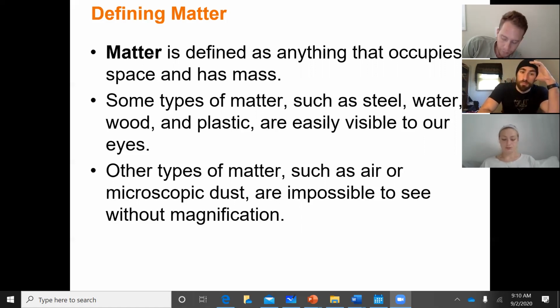But there are other things that do have matter that we can't necessarily see with our eyes. Air, microscopic dust, small scale things. Either small scale things or really low density things our eyes can't pick up, but we still say that there is in fact matter there.